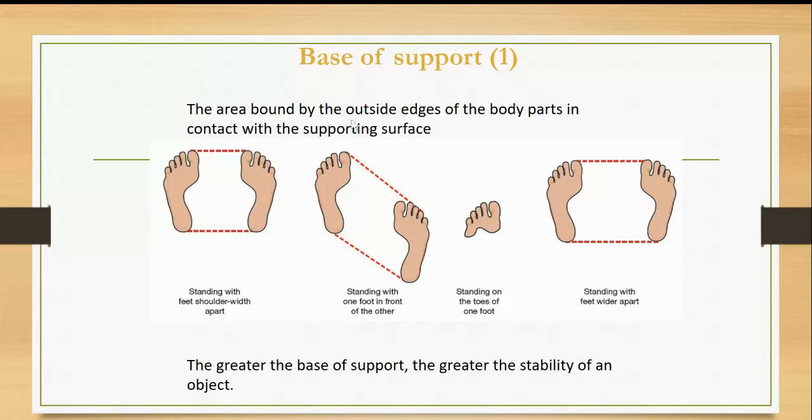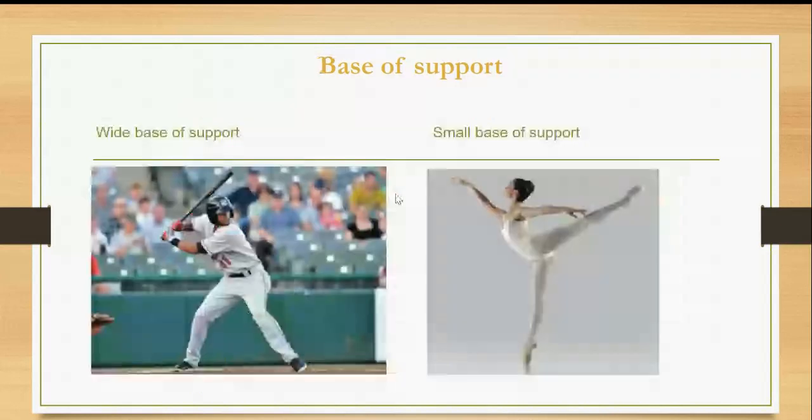But this one would be much more beneficial if I was pushed from the front, because my base of support forwards and backwards is actually much larger than this person's, who's standing with each foot equally side by side. So, to sum this up, the greater the base of support, the greater the stability. You can see some examples here.